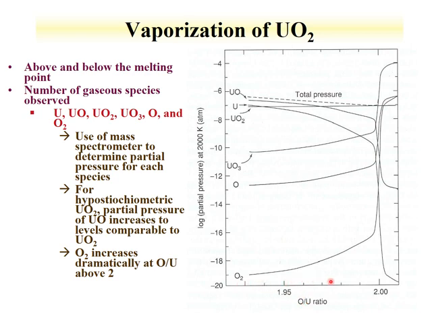And as again we see, as we hit 2.00, we see this inflection. We see a change of not only the total pressure, which is shown here. Total pressure jumps up above 2.0, but we also see a change of the species. And again, this is useful for determining the exact ratio of oxygen to uranium.